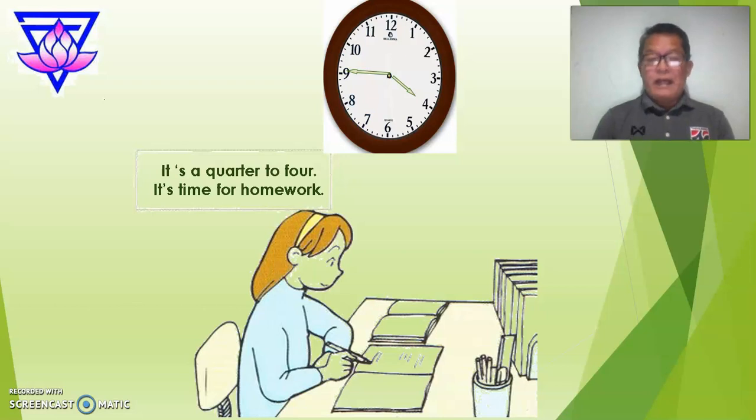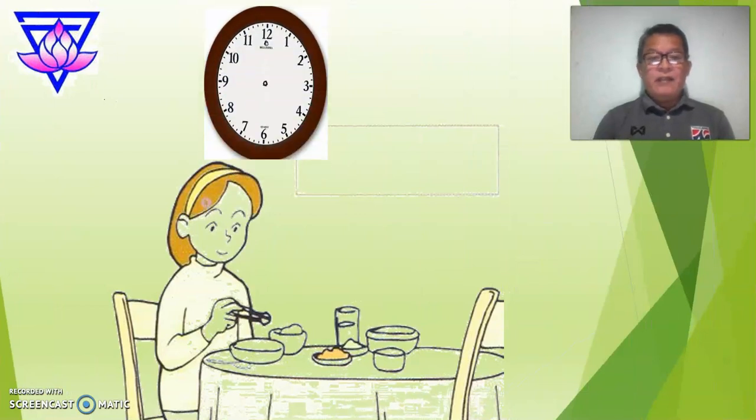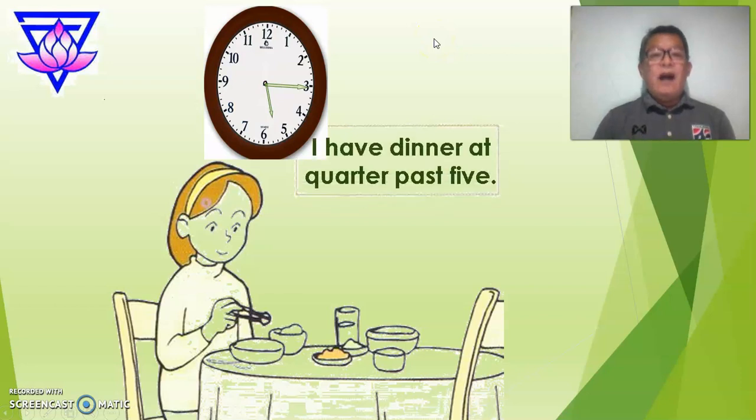The next one is, what time is it? The short hand is past the 5 and the long hand is on the 3. What time is it? I have dinner at quarter past 5.